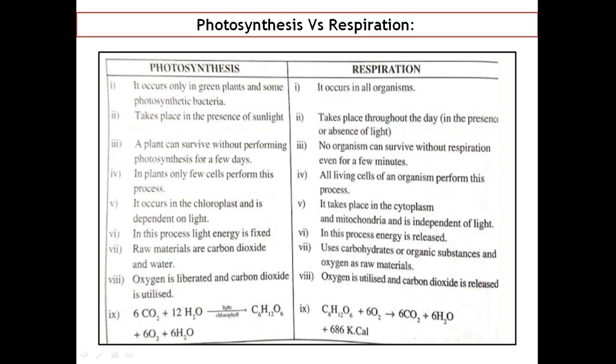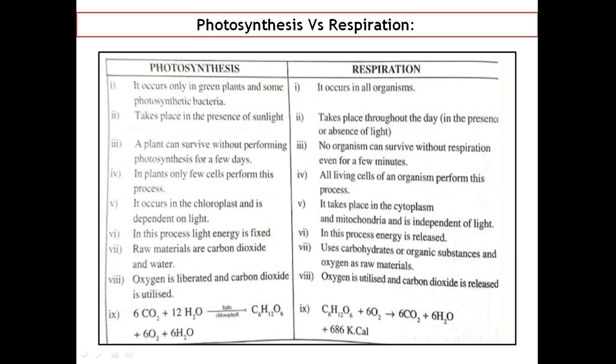But in respiration, all cells of the organisms perform respiration. Photosynthesis occurs in the chloroplast and it is dependent on light. Respiration takes place in cytoplasm and mitochondria and it is independent of light.